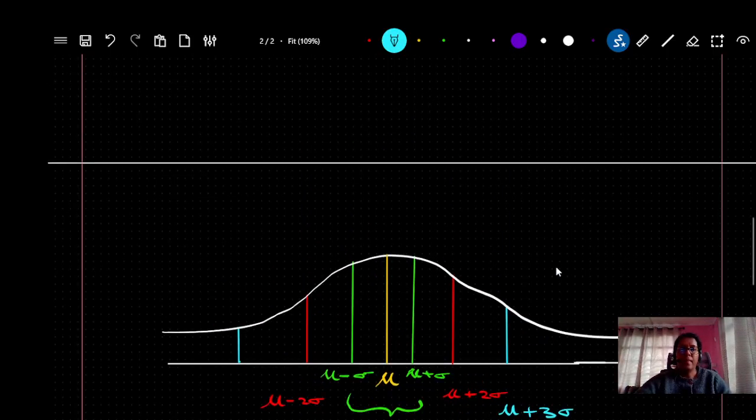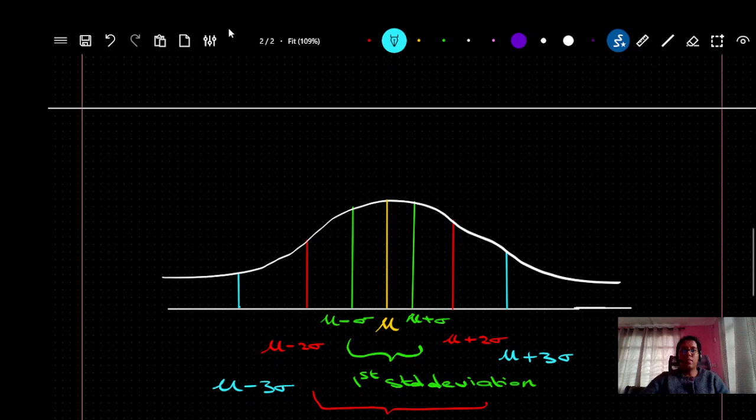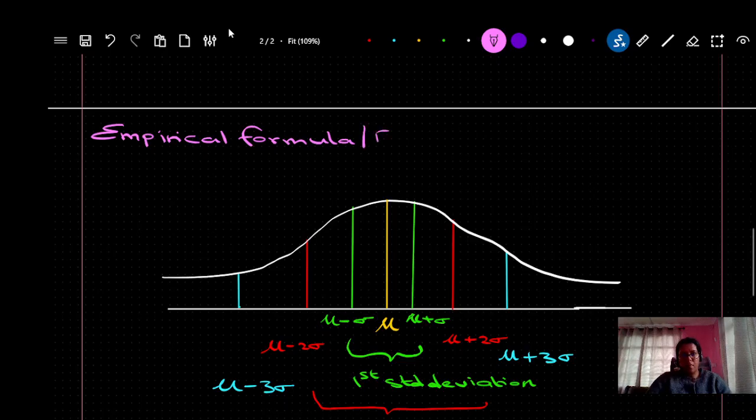Okay, now there's something else. There's something called the empirical formula, or empirical rule, we say. So what is this? In the empirical rule, you have 3 percentages.